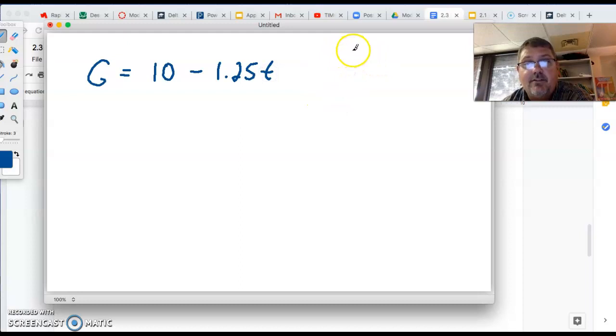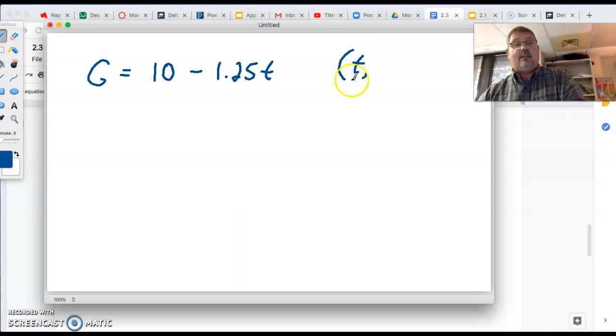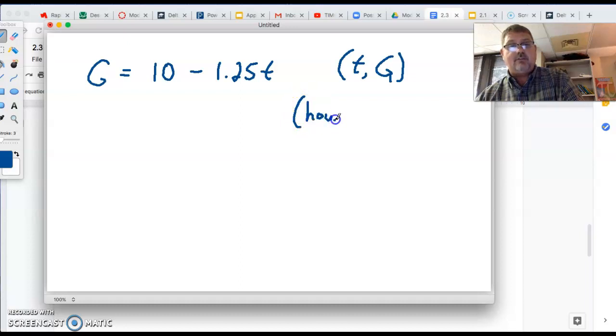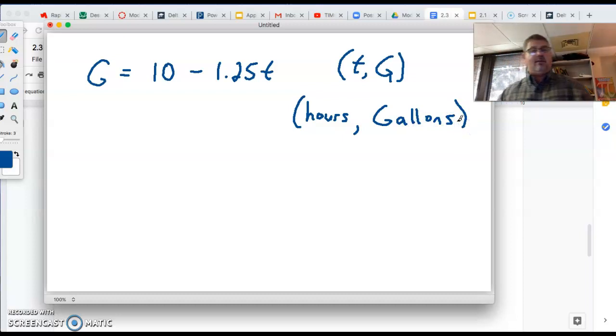Our ordered pairs input is time in hours, and G is the number of gallons remaining in the tank. So the number of hours goes in, and gallons come out. That's the first thing you've got to wrap your head around.